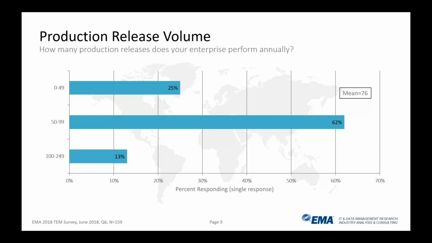So very few of the enterprises in our sample have mastered TEM. And as you can see, the mean here was 76, and that's a number that you'll see in a lot of the slides I have that calculate out cost savings.